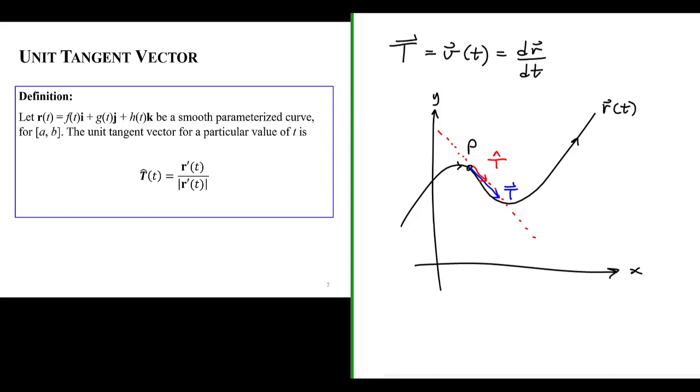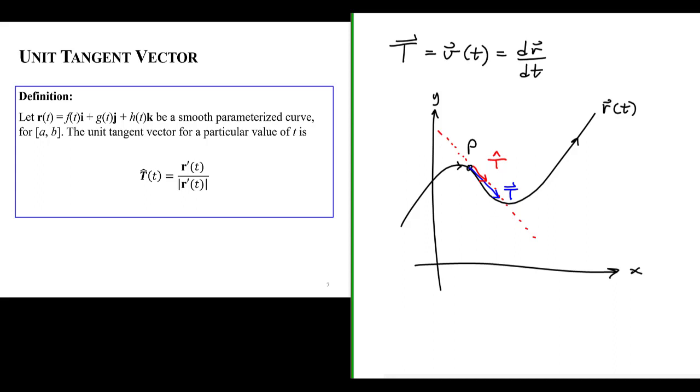Let r vector equal a function of t for the i component, a function of t for the j component, and a function of t for the k component, be a smooth parameterized curve for the interval from a to b.